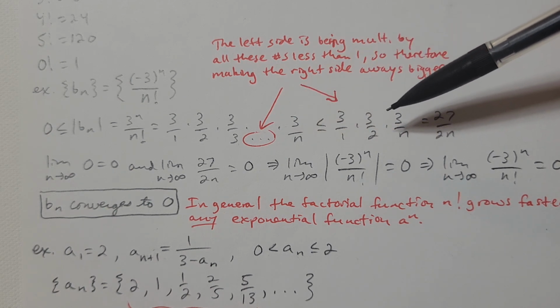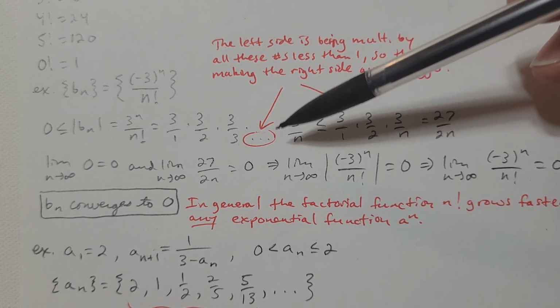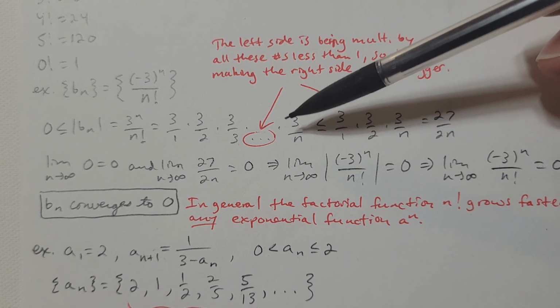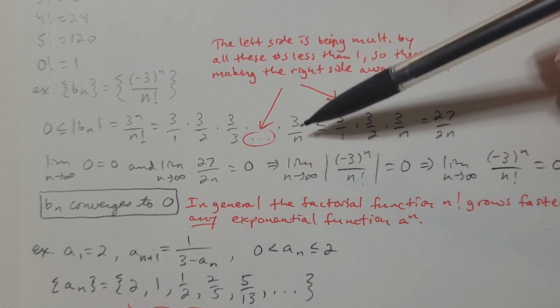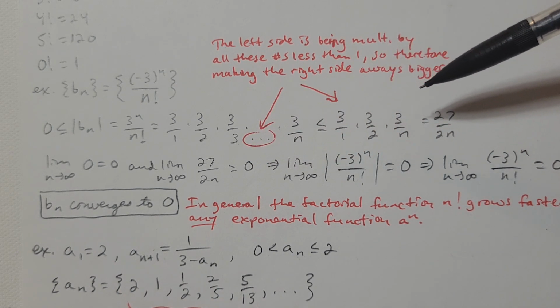If I'm multiplying this by 3 over 4 times 3 over 5 times 3 over 6 times 3 over 7, those are all numbers that are less than 1.